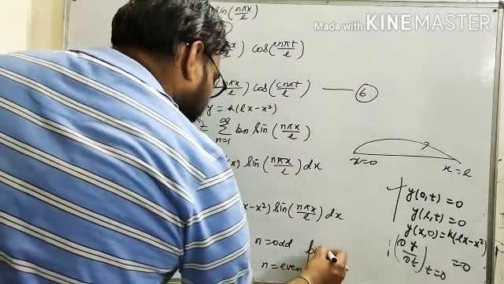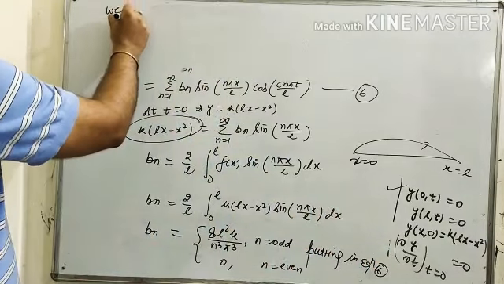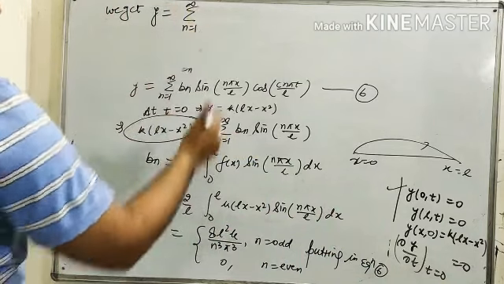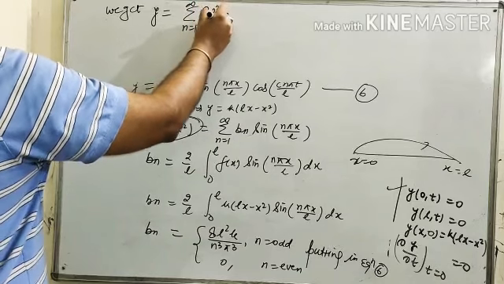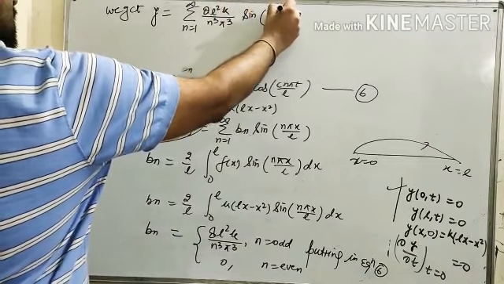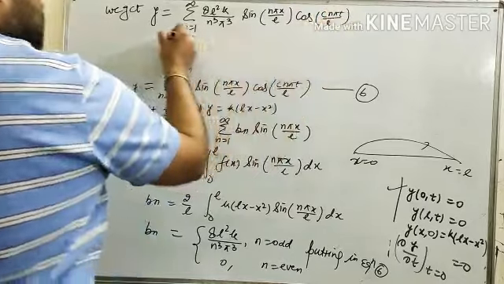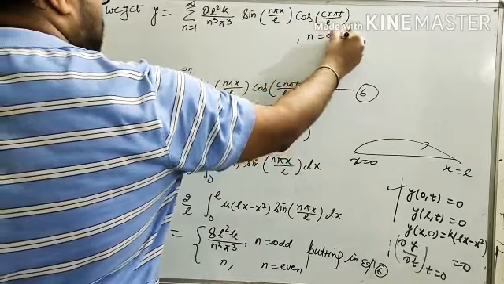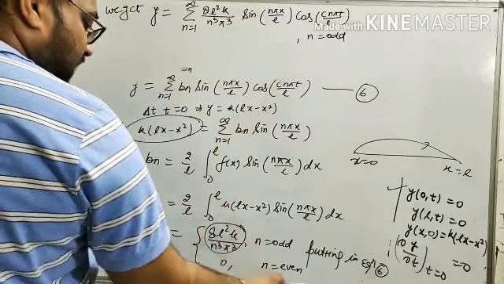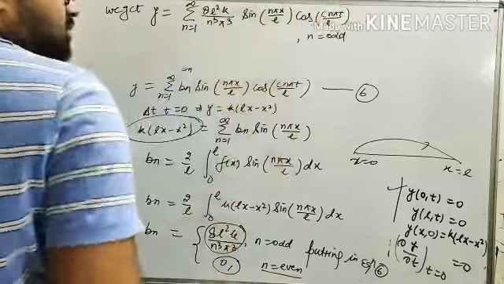On putting in equation number 6, we get y equals sigma n equals 1 to infinity 8 L square k upon n cube pi cube sin n pi x upon L cos Cn pi t upon L at n equals odd, because at n equals odd this function exists, and at n equals even all functions will be 0, and if Bn is equal to 0, then the entire function will be 0.